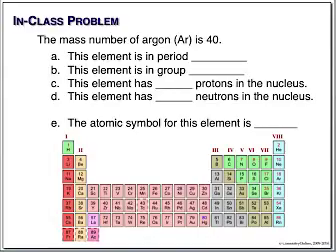All right. This is what a test question looks like on this particular area. Mass number of argon is 40. Element is in period, group. How many protons, how many neutrons, and write the atomic symbol.